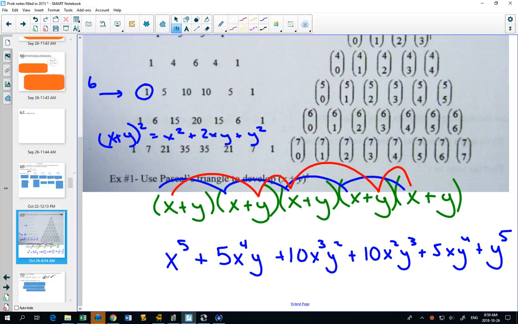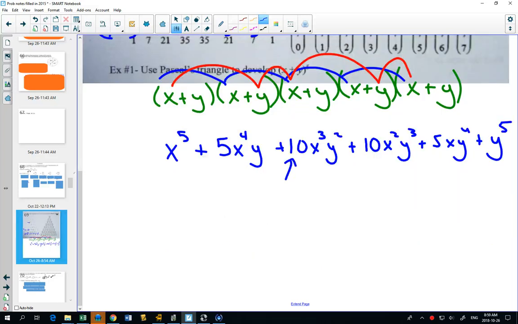Mathematically, why does it work out that this is 5 choose, 5 choose? On your formula sheet, I'm trying to remember, yeah, I think it goes 5 choose 0, 5 choose 1, this one's 5 choose 2. Why is that 10, 5 choose 2?